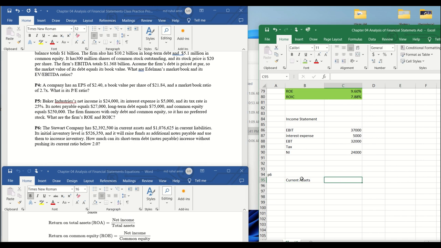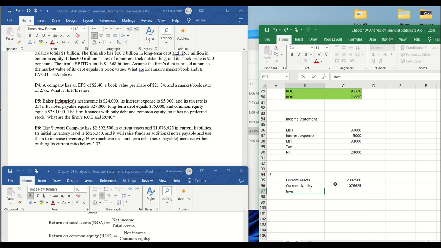Current assets equal 2,392,500. Then current liability is 1,076,625.